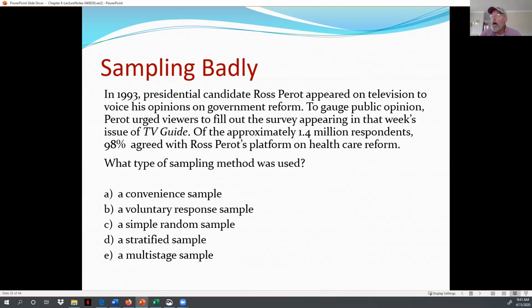Well, the TV Guide was a weekly journal of what was on TV. And of course, they had all kinds of advertisements. And so Ross Perot put his survey in TV Guide, and he was interested in healthcare reform. What type of sampling method was this?